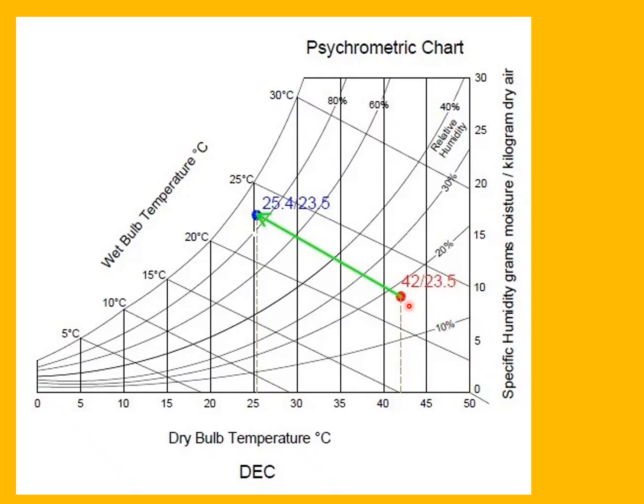So this point represents the outside design condition, and by repeated adiabatic cooling we come to this point, and it may be something like 25.4 to 26 as already shown in some previous example. So this is the point, and this is the adiabatic cooling process.